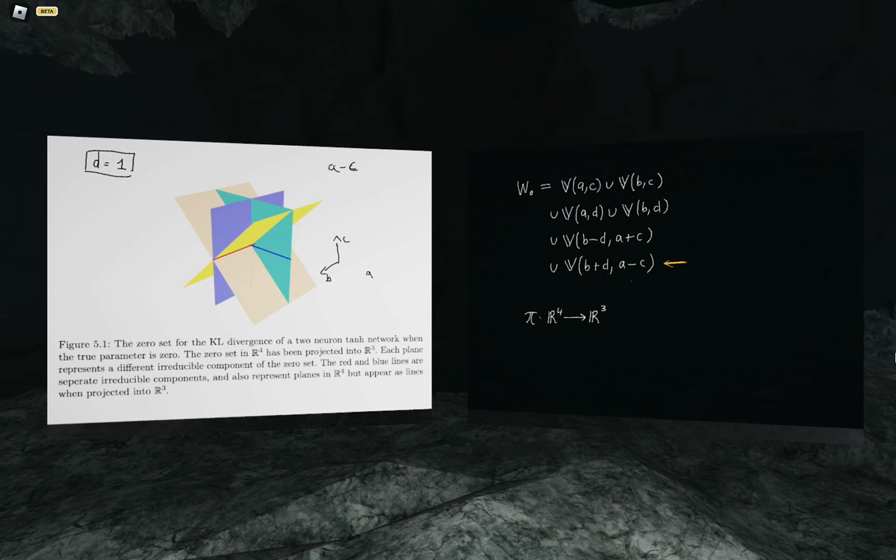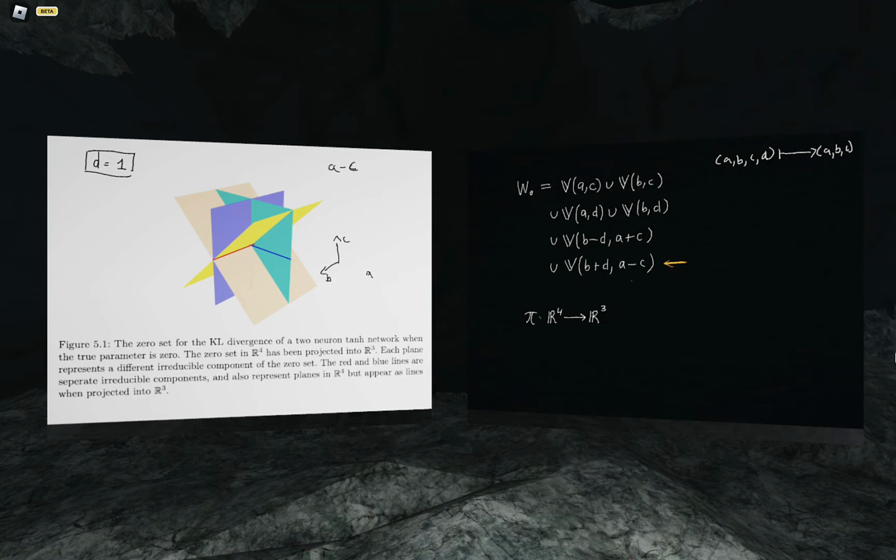Maybe 0? Not 0. It would be interesting. So it's like in R4, each of our points will have A, B, C, and D components. This is just the projection onto the first three components. Okay, so D can be anything. Right, so it's not a slice. Okay, misunderstood that.